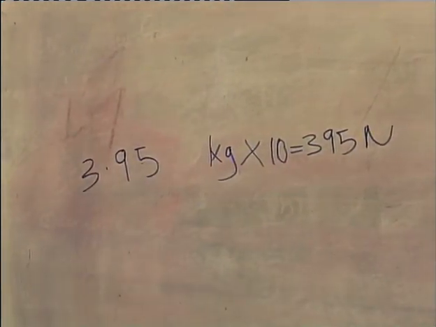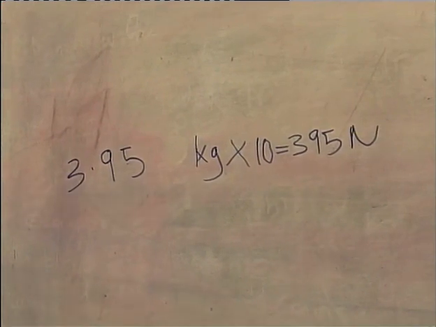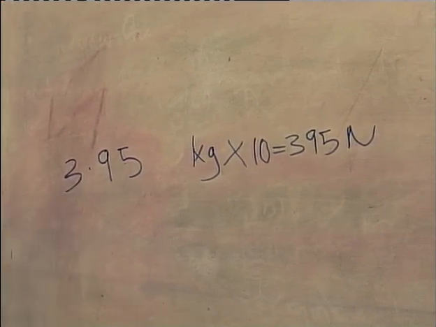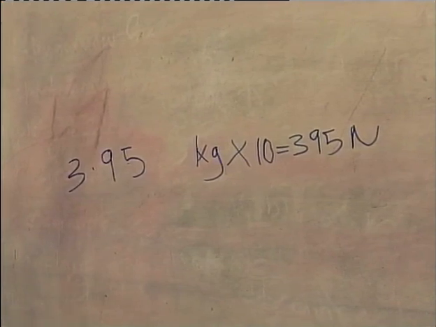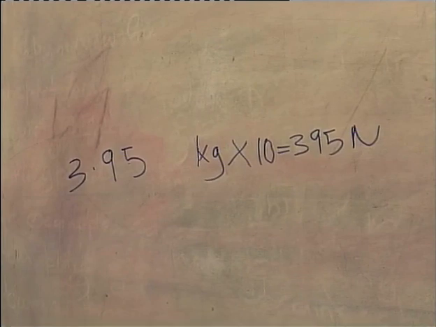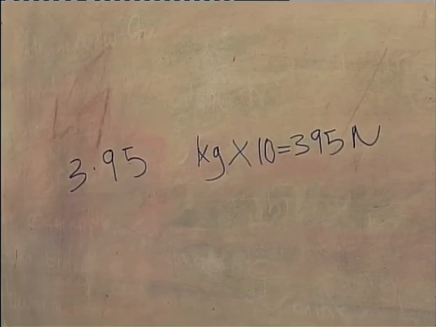Okay, thank you, Anna Morrow, for your working out. Let's look at the working out. Receiving students and 6C, we have 3.95 times 10 is equal to 395 Newton. Is that answer correct?